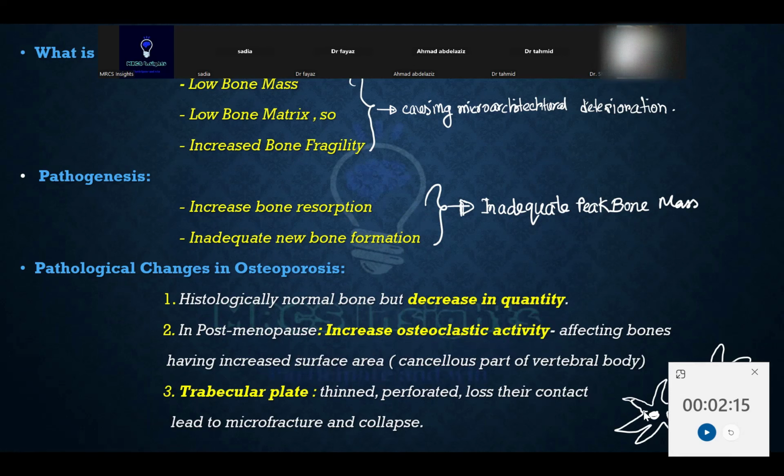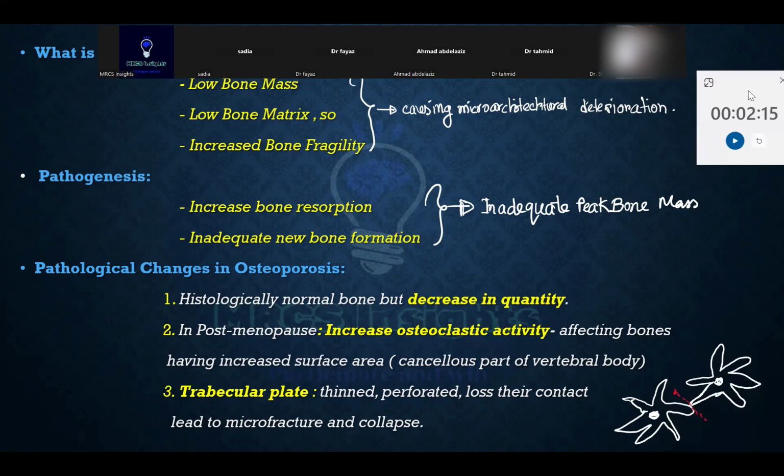These are the bone cells, osteocytes. And we all know that the osteocytes are connected with each other by these trabeculae. So what will happen in case of osteoporosis? These trabeculae will lose their connection. So they will be thinned, perforated, and also there will be microfracture and vertebral collapse. This is the pathological change in osteoporosis.